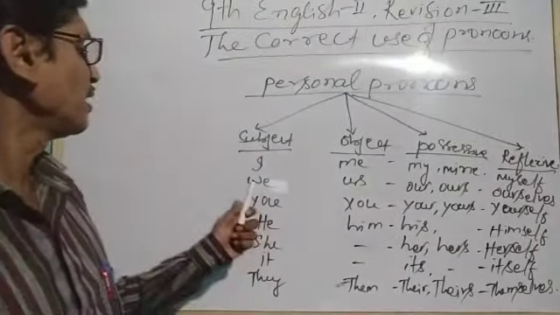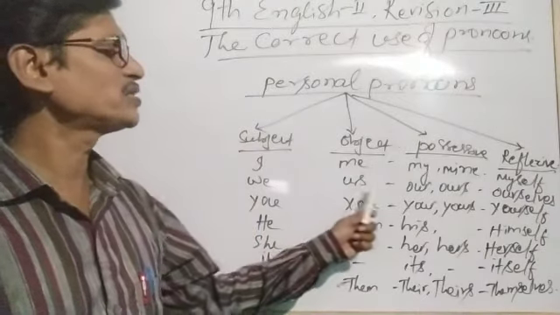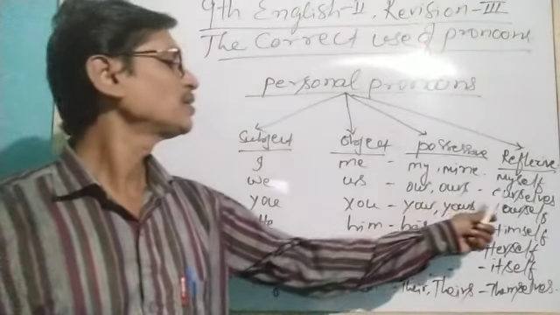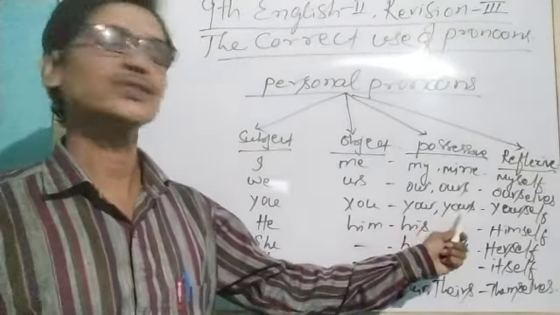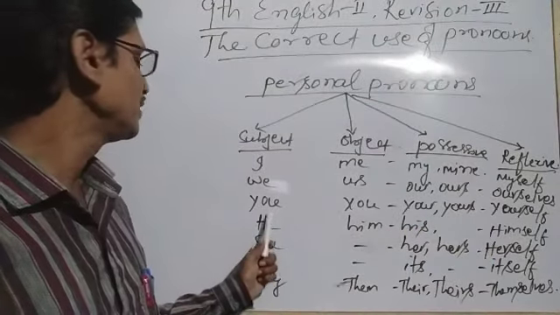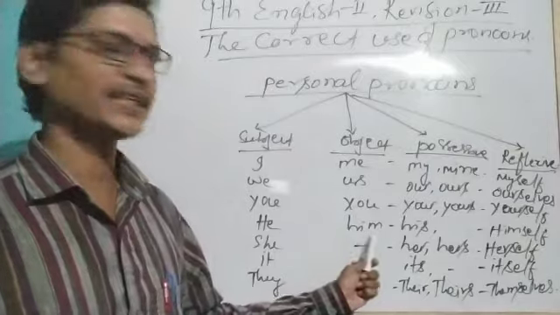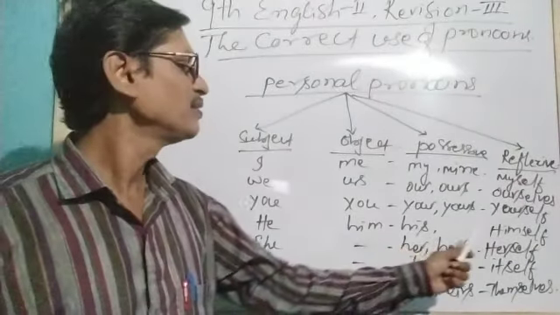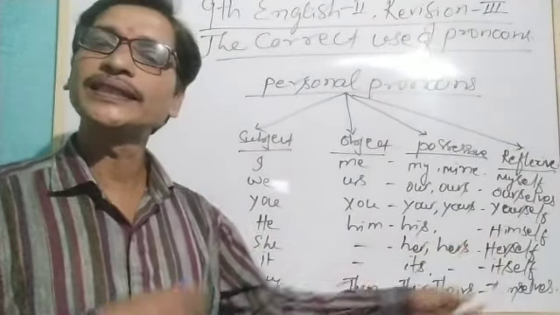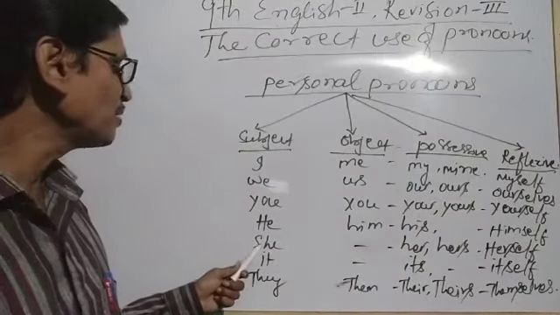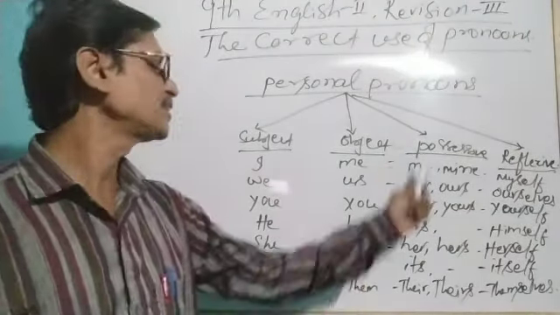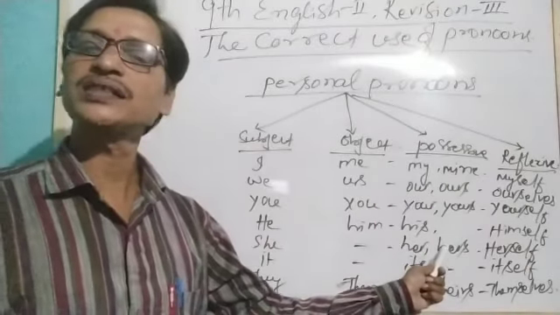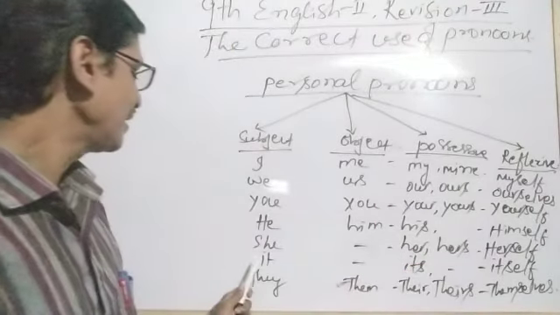Okay? Similarly, you see, we, us, our, ours, ourselves, you, your, yours, yourself, he, him is the object, his is possessive, himself is its reflexive form. So similarly, she, it doesn't have any objective form, it has a possessive form, her, hers, herself.